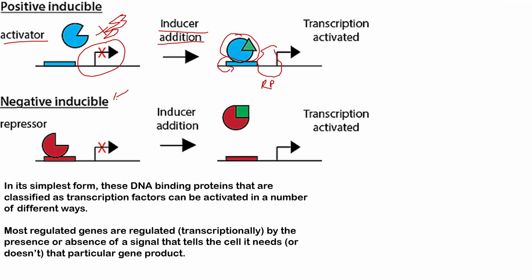There's also negative inducible, which is where you have a repressor. The repressor sits and either prevents RNA polymerase from binding or prevents RNA polymerase from reading through. However, when an inducer is introduced, when we're trying to activate transcription, the repressor, the regulatory gene product, will bind the inducer.